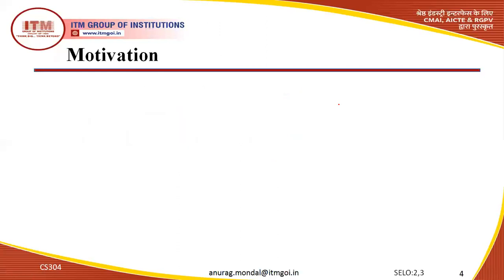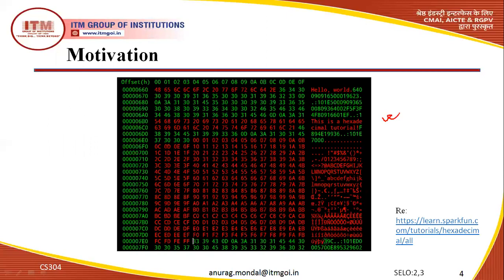Now about the motivation, again I am showing you the same image. In this image you can see this 0A, which is data in a particular memory location. As I discussed yesterday, whenever some data is stored within the computer, it is stored in terms of 1010, and that 1010 is represented in terms of 0A.